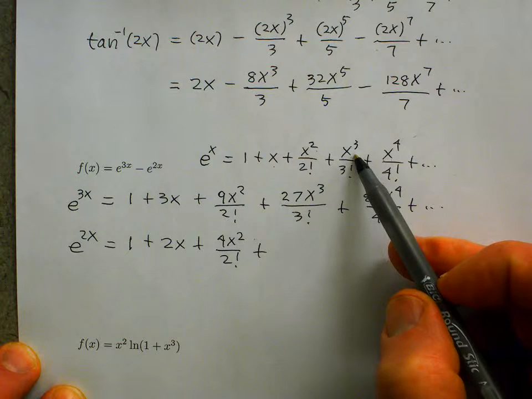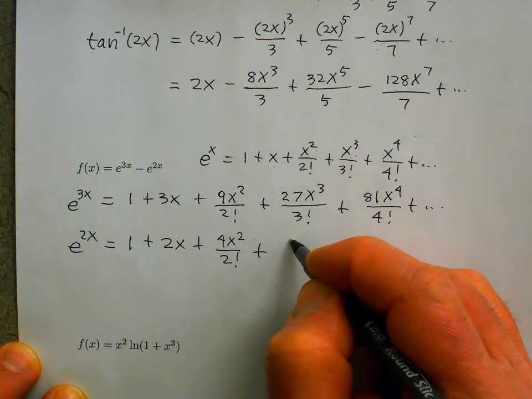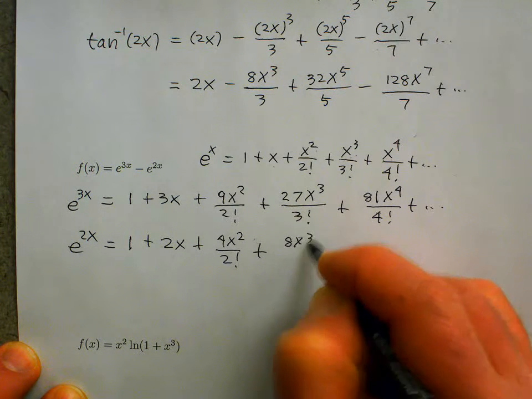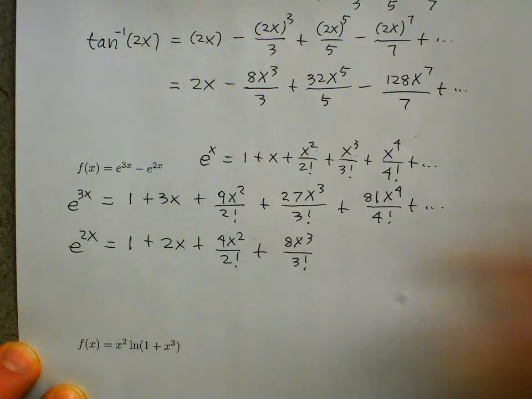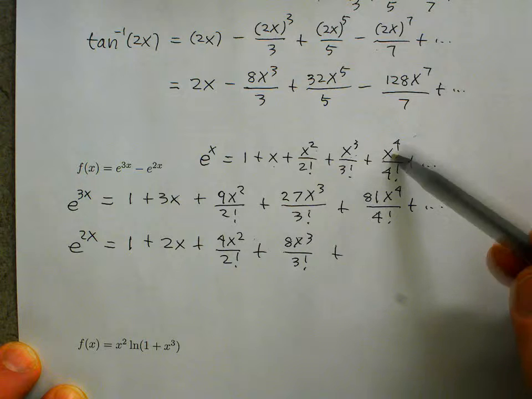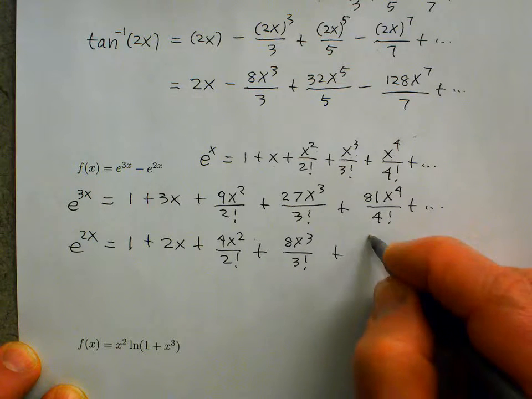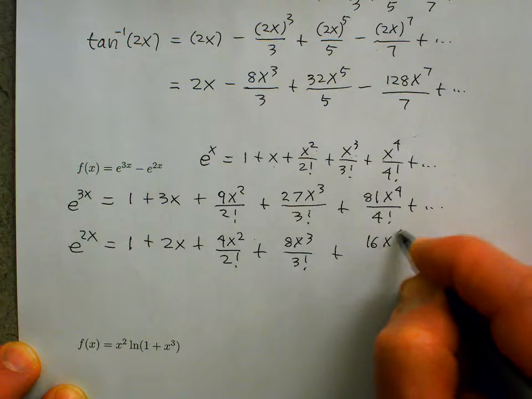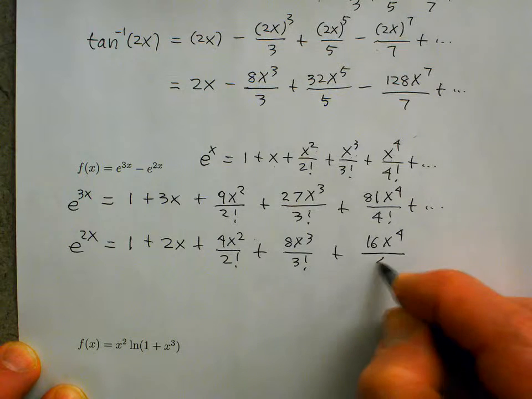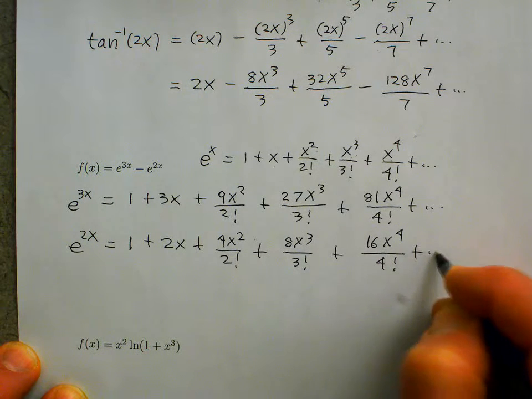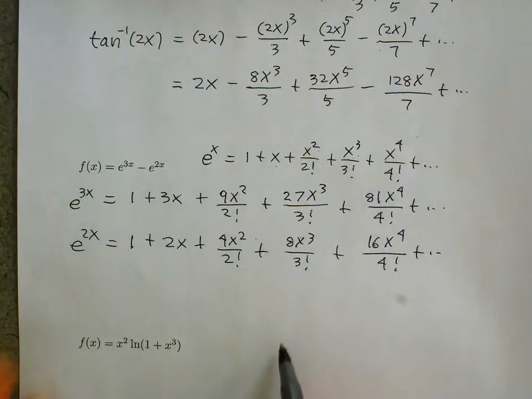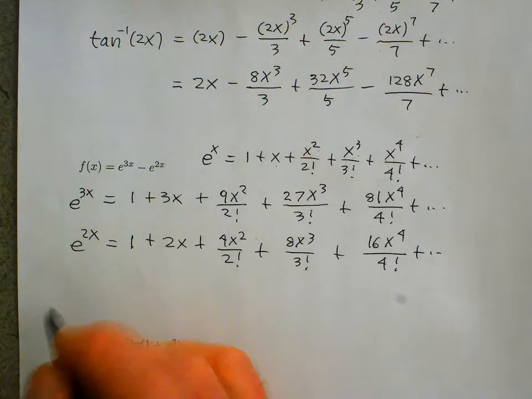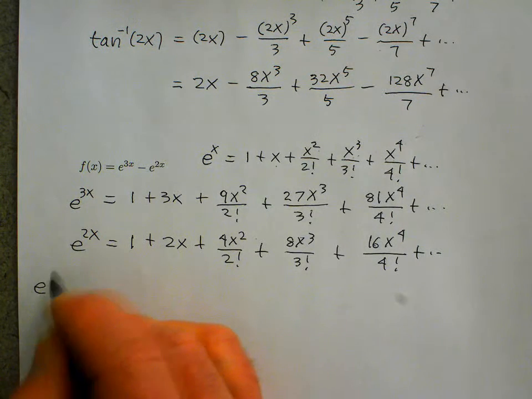The term 2x to the third is 8x to the third over 3 factorial. The term 2x to the fourth is 16x to the fourth over 4 factorial. And then the difference, just subtract, combine like terms.